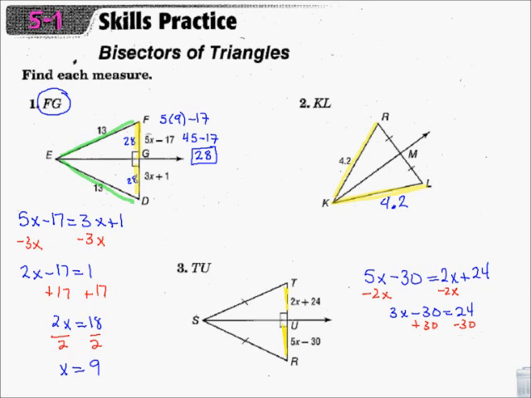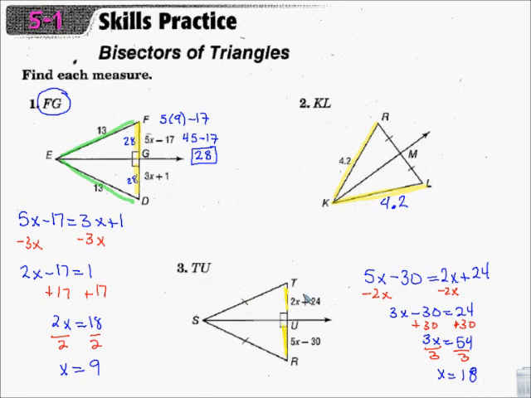Oops, that's a plus 30 on both sides, not a minus 30. So add 30 to both sides and I get 3x is equal to 54. Divide by 3, and you get x is equal to 18.